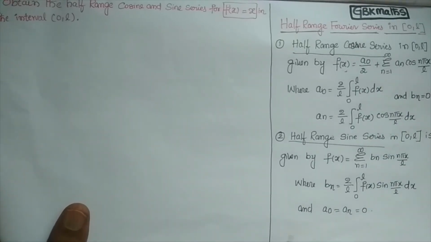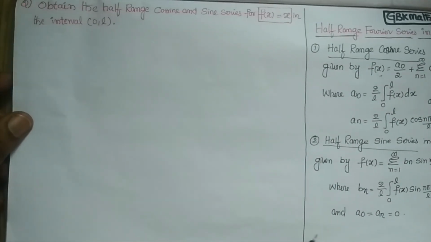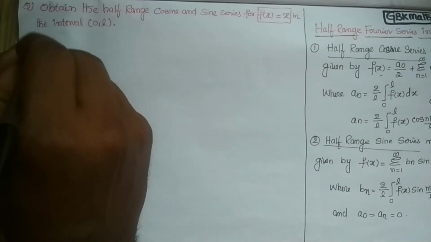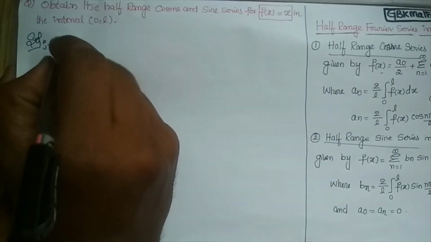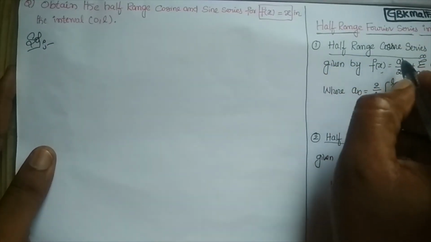Let us follow these formulas by solving this problem. So here f of x is x. Let us go with the half range Fourier cosine series.